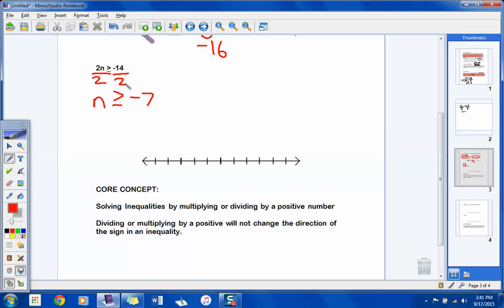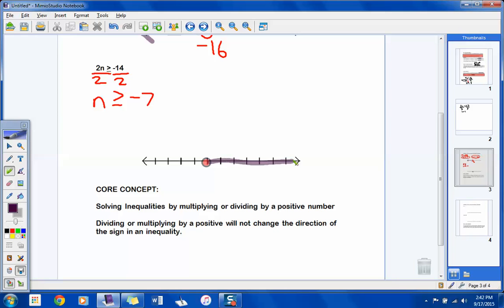So graphing this right here, watch. Open or closed on my reference value? You're going to be closed. So maybe right here, I'll call negative 7 right there, shaded in, okay? Then I've got my variable on the left, so what direction am I shading? Right.